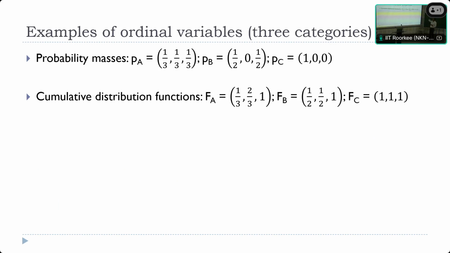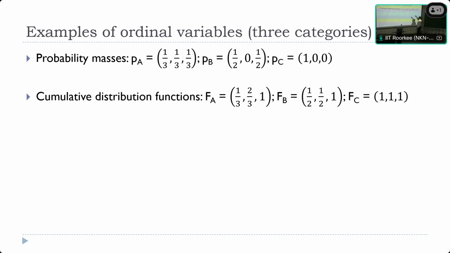We have three different societies, society A, society B, and society C, and these three different kinds of distributions. The first one is called probability masses. You have three categories, say health categories: poor, regular, and good.